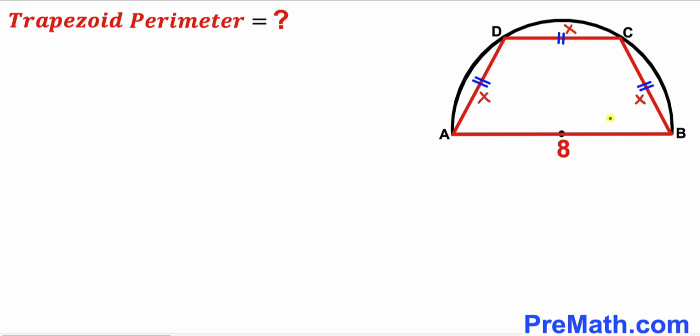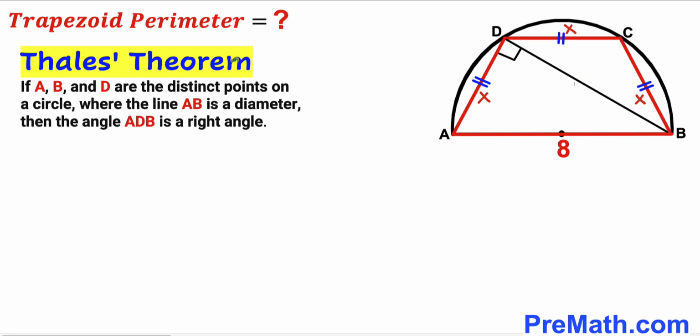And in this next step, I am going to connect these two vertices B and D, as you can see in this next step. And now let's recall the Thales theorem. According to this theorem, if A, B, and D are three distinct points on a very same circle, and AB line is the diameter, then the angle ADB is a right angle.